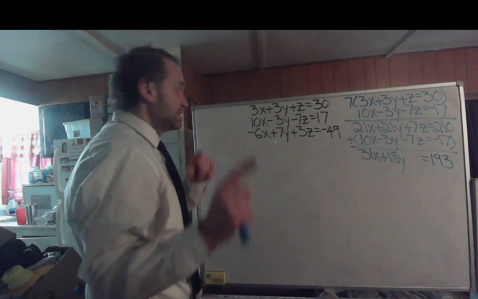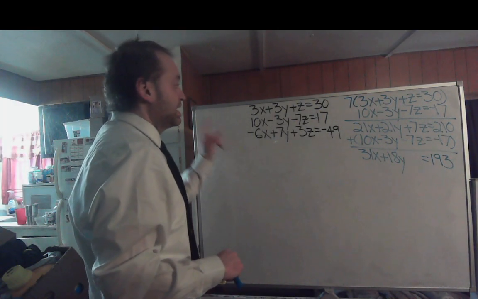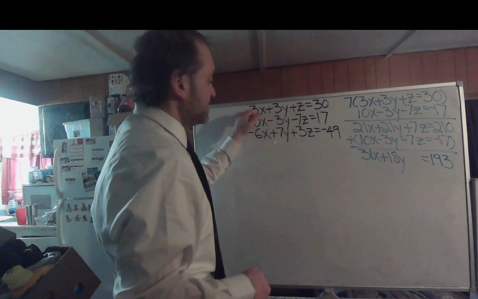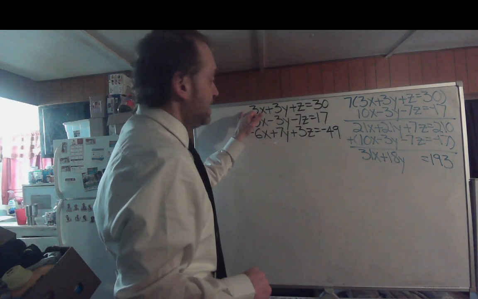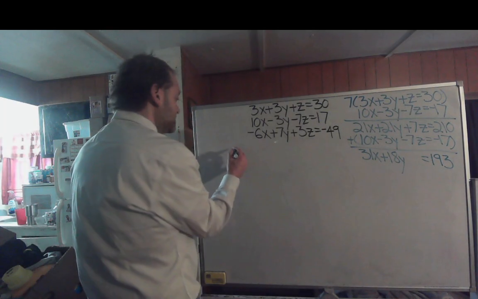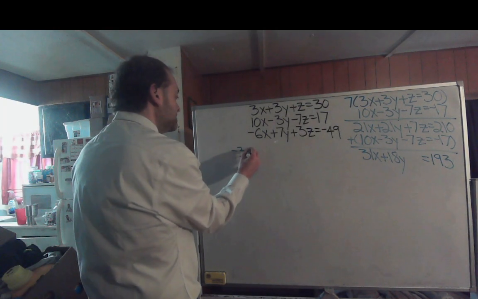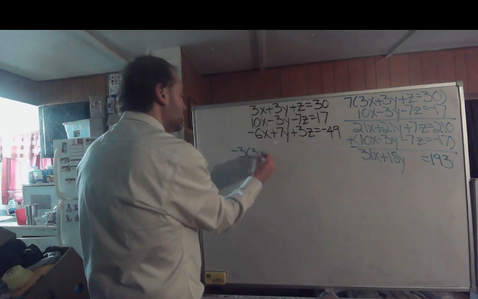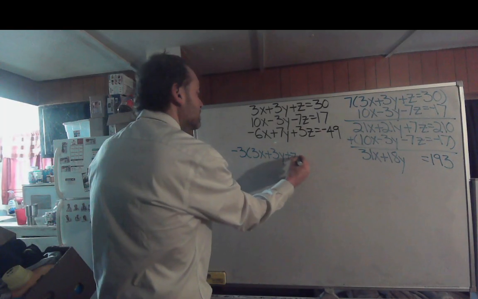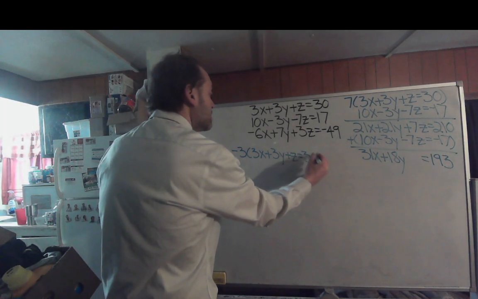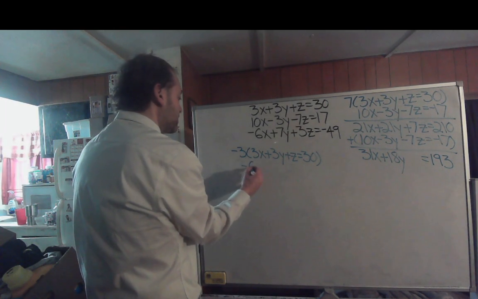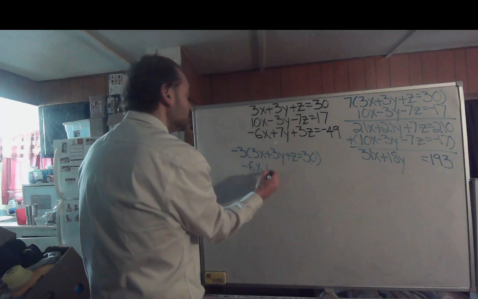Now, to figure out a second equation, I could take negative 3 times the first equation and add it to the third equation to get rid of z. So let's do that. Negative 3 times our first equation and then let's just keep our third equation the way it is.